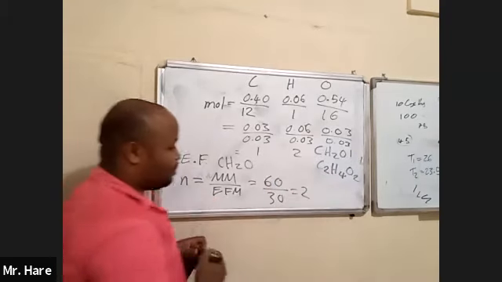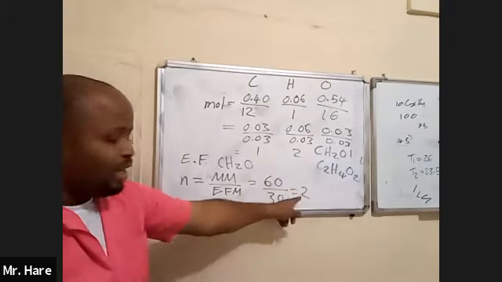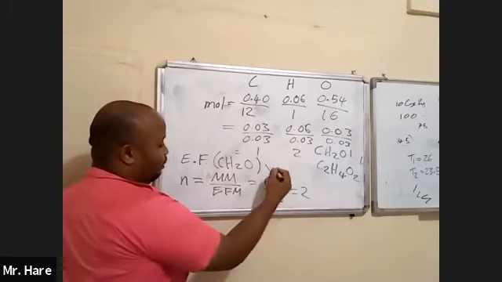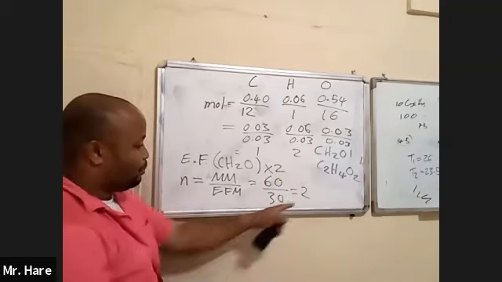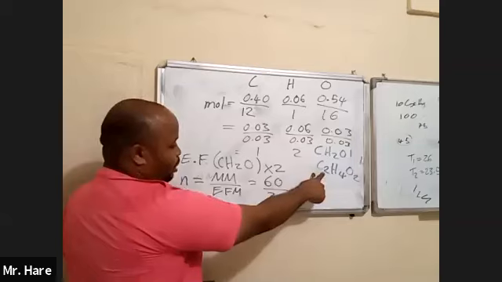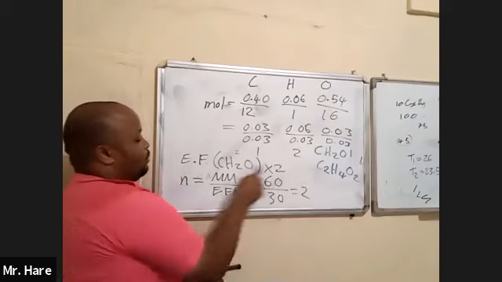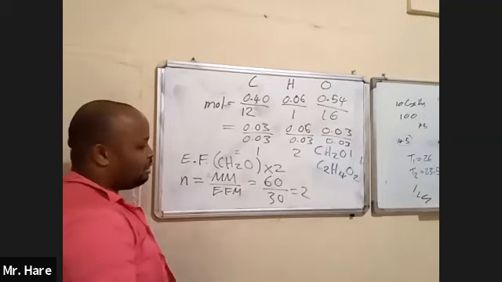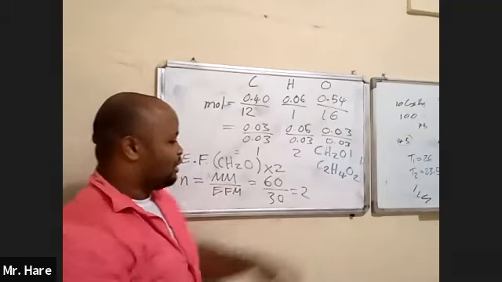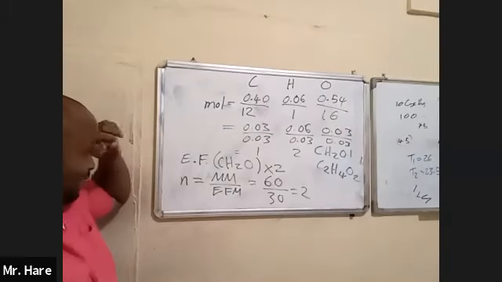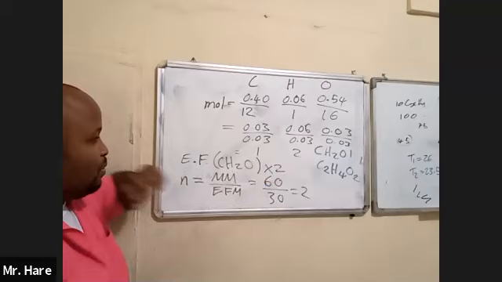So the answer is 2. Whatever n is, you multiply the empirical formula by it. So n is 2, and 2 times 1 carbon is 2 carbons, 2 times 2 hydrogen is 4 hydrogen, 2 times 1 oxygen is 2 oxygen. That is how you would calculate it.